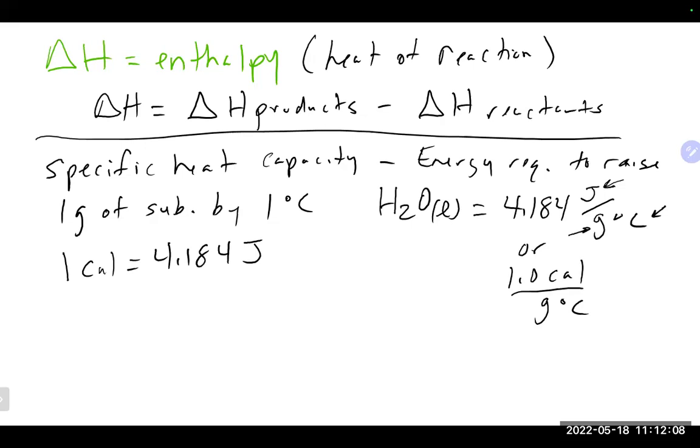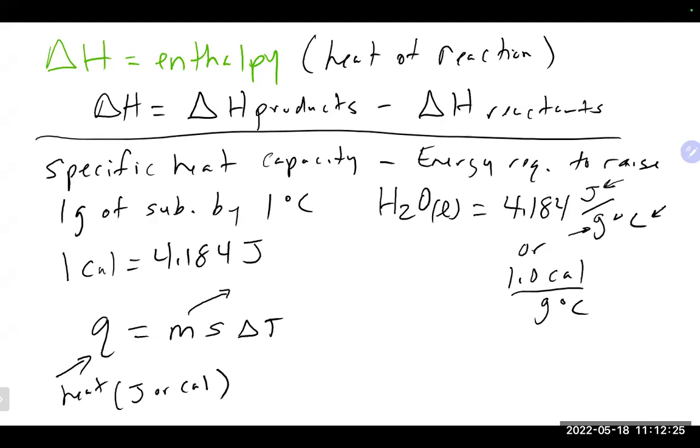There's an equation that we use for specific heat, and it is this one here. Q is equal to m s delta T. Q is our heat, our energy, and it has units usually of joules or calories. M is the mass, which has units usually of grams.